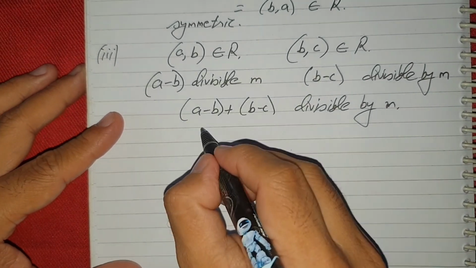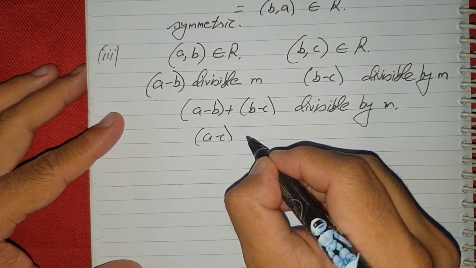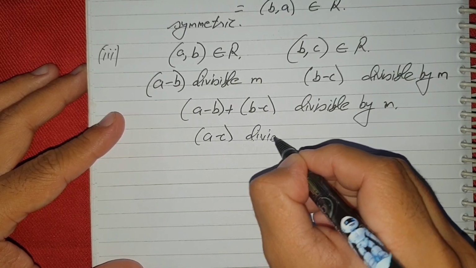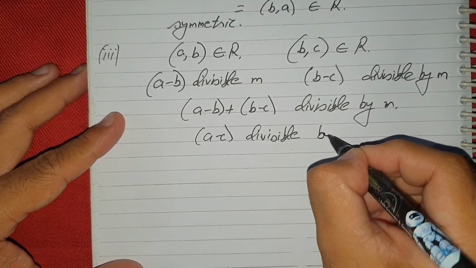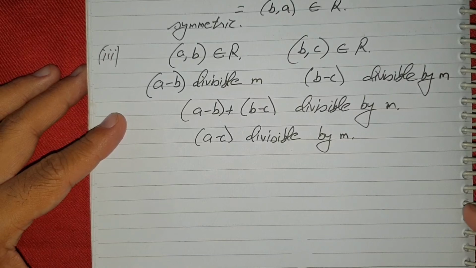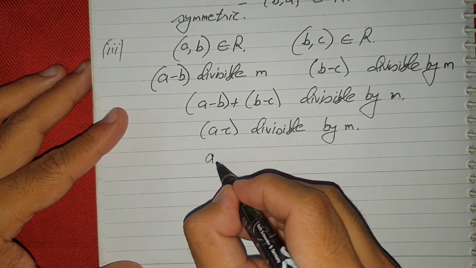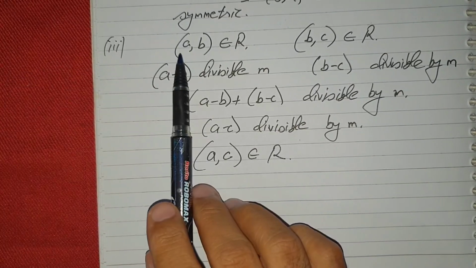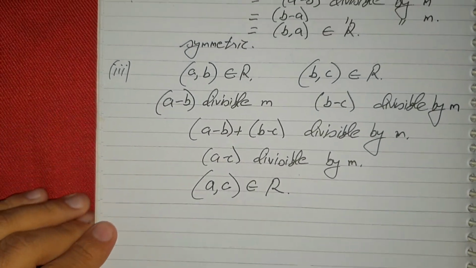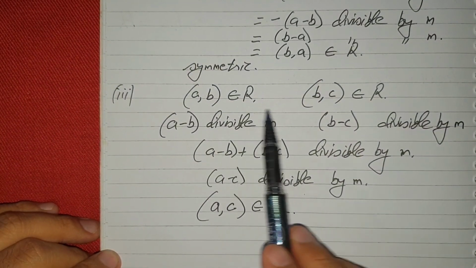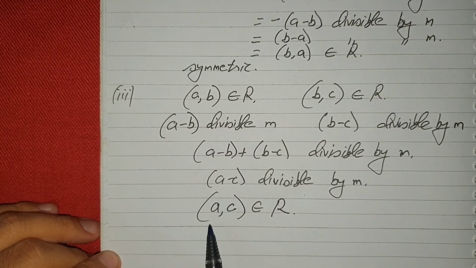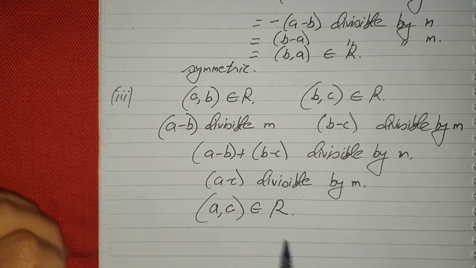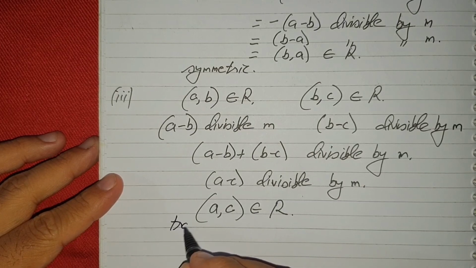Adding these two, A minus C is divisible by m. So (A, C) belongs to R. So A related to B, B related to C, A related to C. So this is transitive.